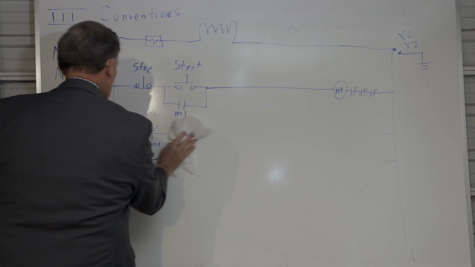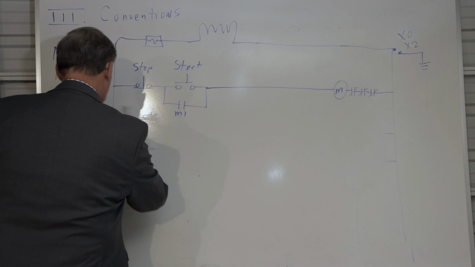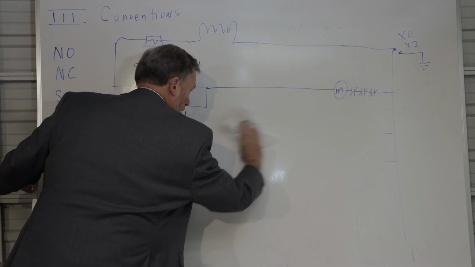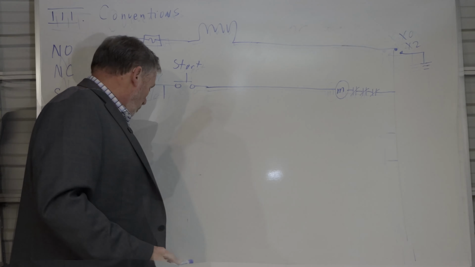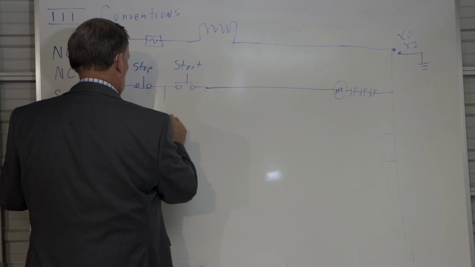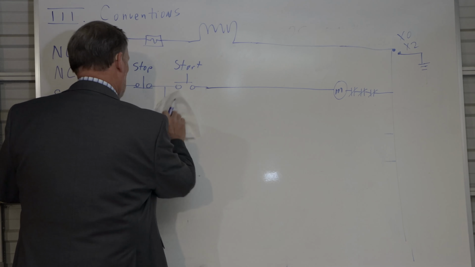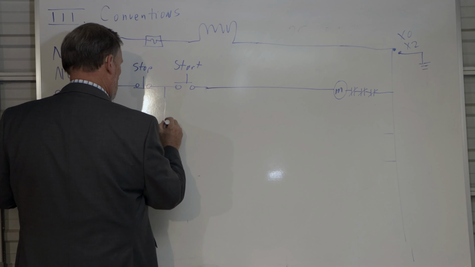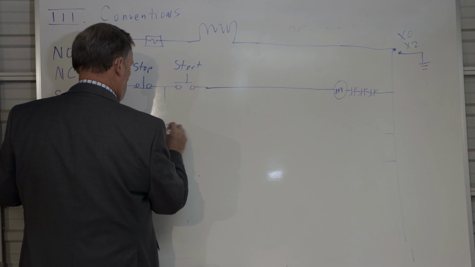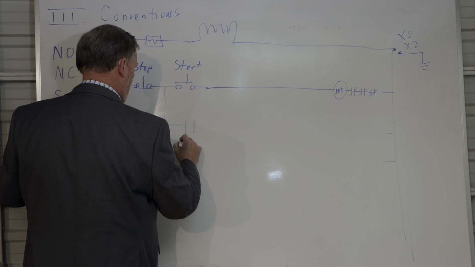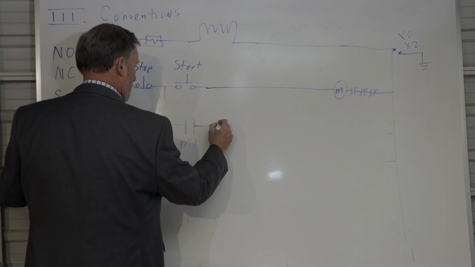This is going to be with or without indicating lights. So what we're going to do, in order to jog, is use our auxiliary contacts right here. Okay.